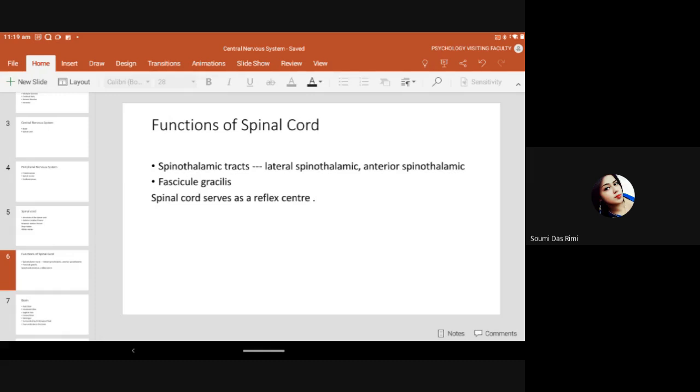Now, this fasciculus gracilis is involved in only touch and conscious kinesthesia, and the anterior and posterior spinocerebellar tracts are involved in subconscious kinesthesia. Subconscious means there are three stages of consciousness: the conscious, subconscious, and the unconscious, right?